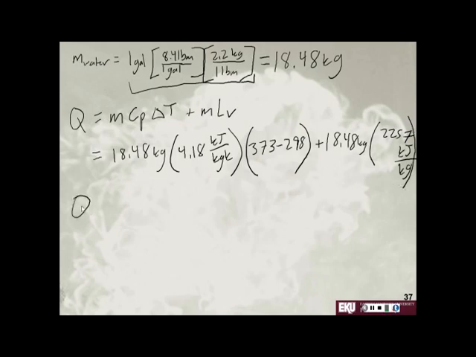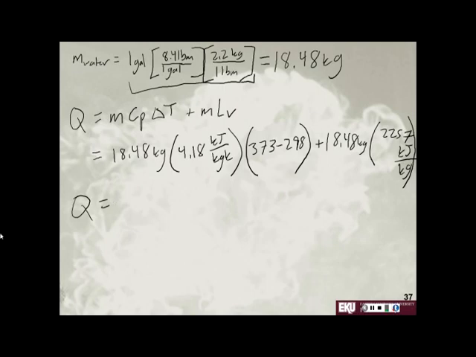So we can say Q is equal to this first bit, 18.48 times 4.18 times, parentheses, 373 minus 298.